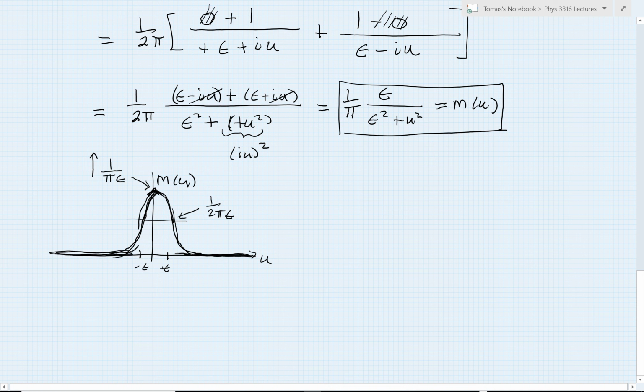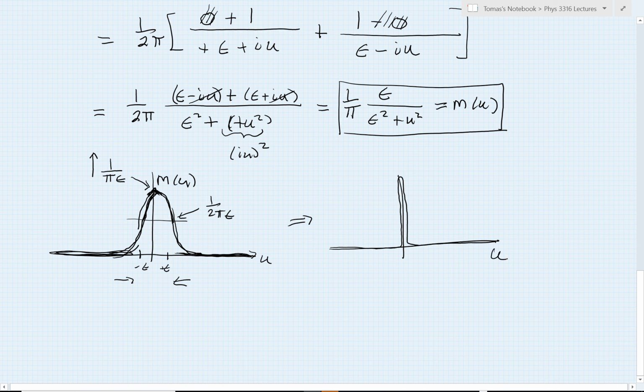So as epsilon gets smaller, the function grows to infinity at its peak, while at the same time the range shrinks down, so that in the limit as epsilon goes to 0, what I get is a super infinite, very large function, but only over a very tiny range of values.